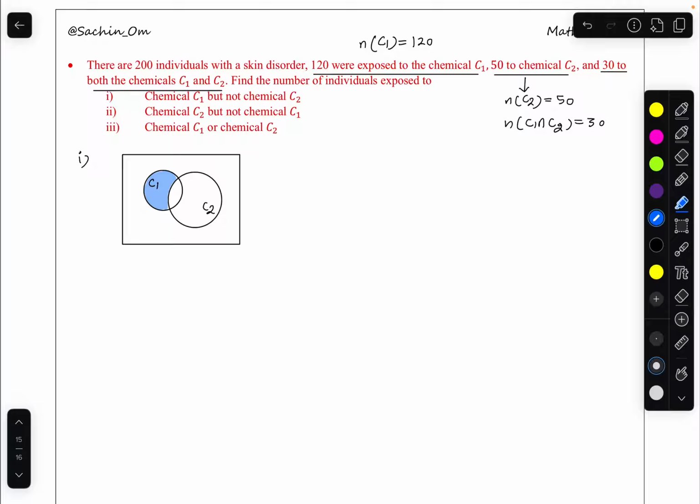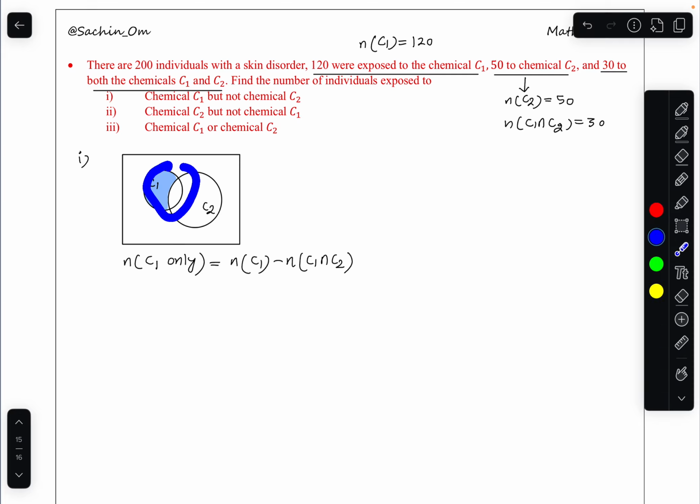The number of people exposed to C1 only would be from the whole of C1, let me subtract the middle portion, the common one. From the whole of the portion, if I subtract this one, I will get this shaded one. So that's what I'm doing. The number of people who are exposed to chemical C1 only would be 120 minus 30, and that gives me 90.